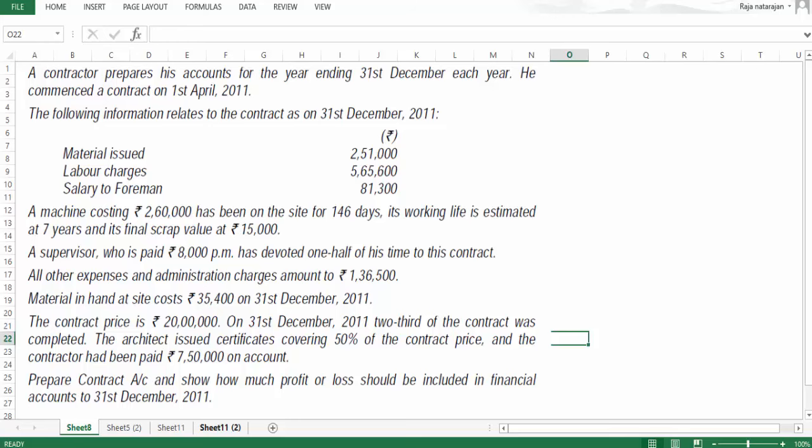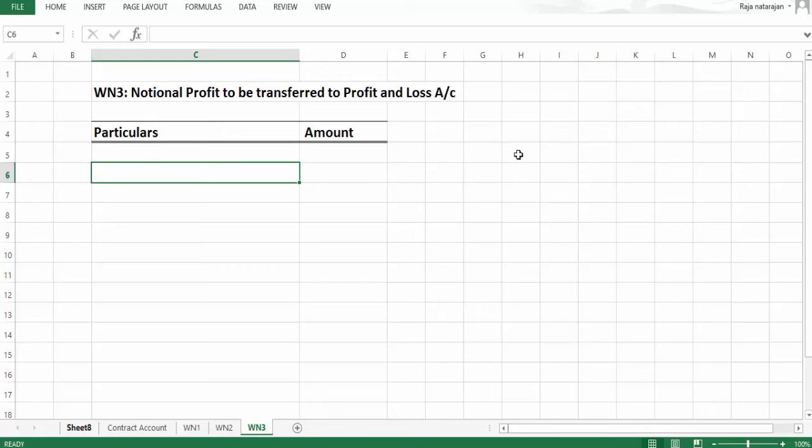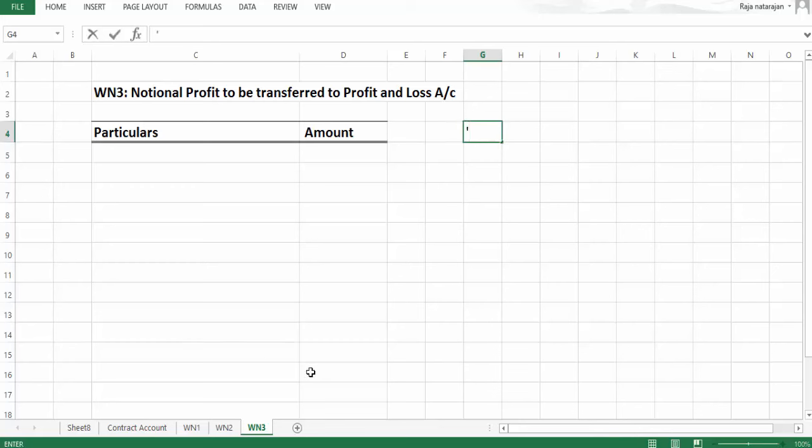Okay, so that's more important. So we need a working note. So it is working note 3, computation of notional profit to be transferred to profit and loss account. Okay, so if you could recollect the formula, we had a formula saying 2/3 of notional profit can be taken to profit and loss account provided it is taken in proportion of cash received to work certified.